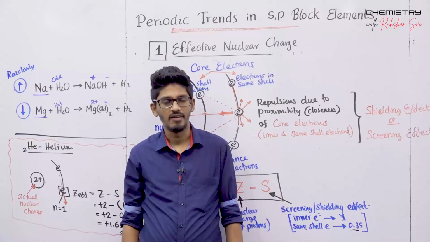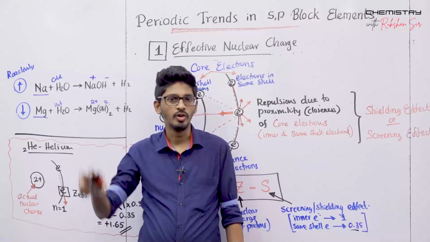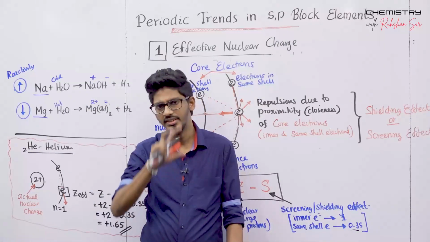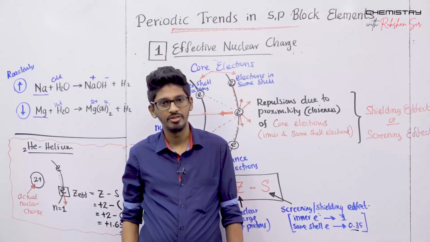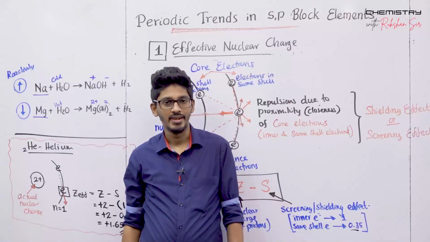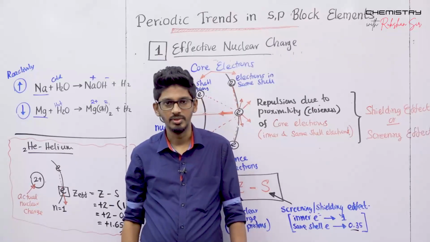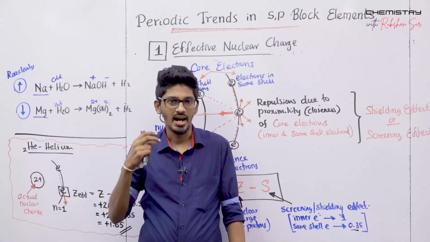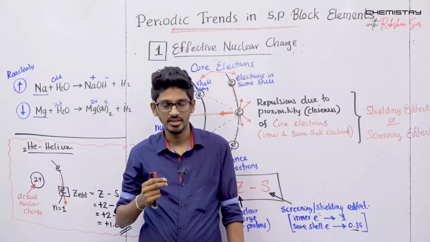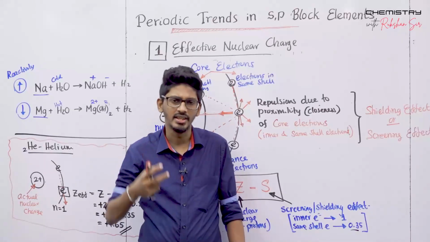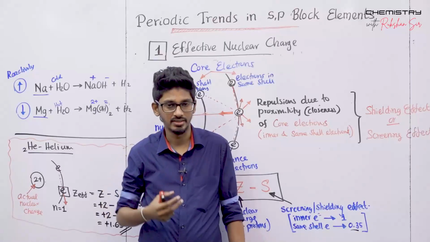Let's discuss what will happen to the effective nuclear charge when going down a group, and most importantly when going towards right of a period, because we are discussing this under the periodic trends. We should examine that, right?